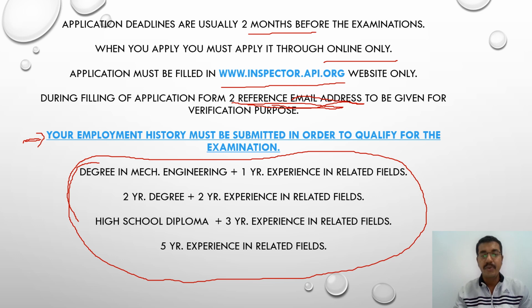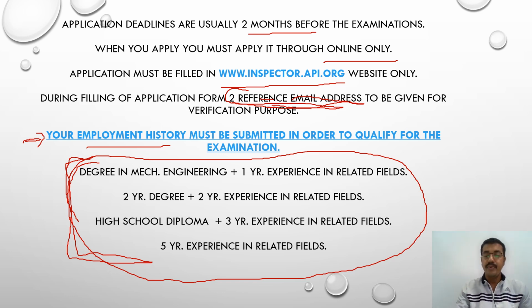You have to give 2 reference emails. Make sure these emails are working and those persons reply. And your employment history must be given, where your education and experience should meet this criteria in order to qualify for the examination.